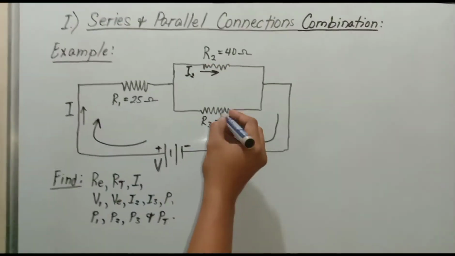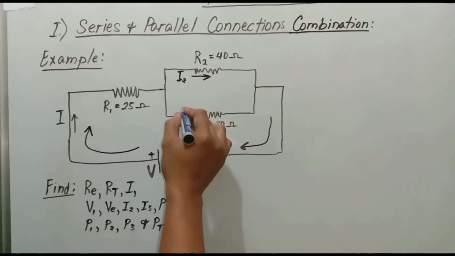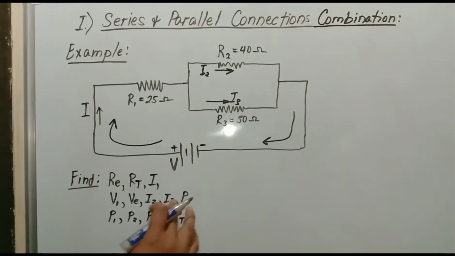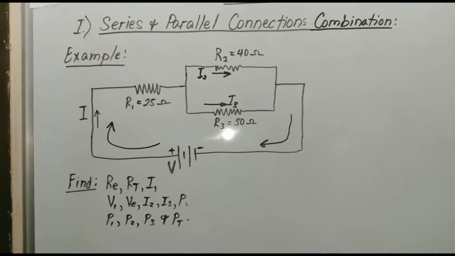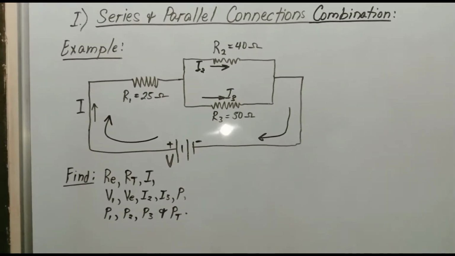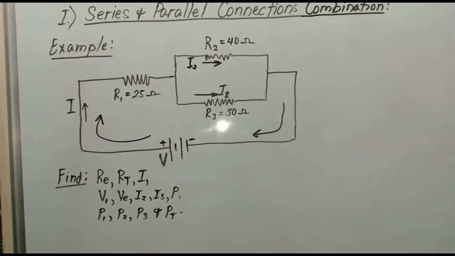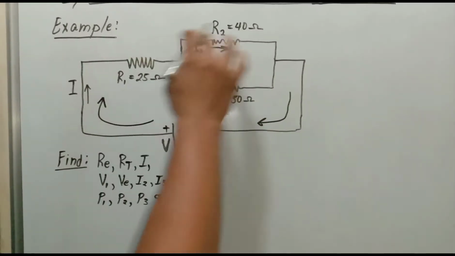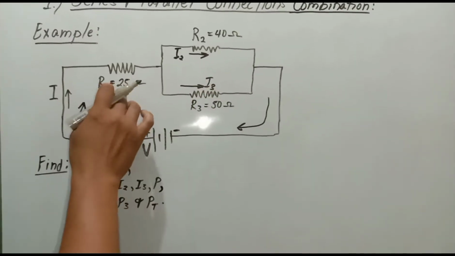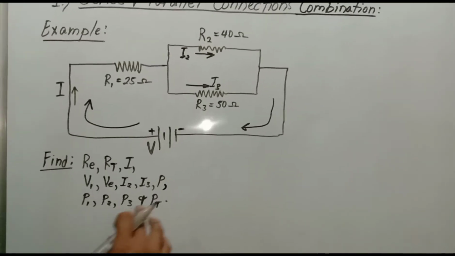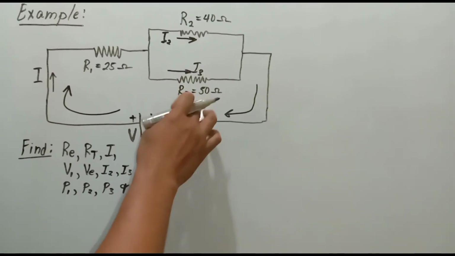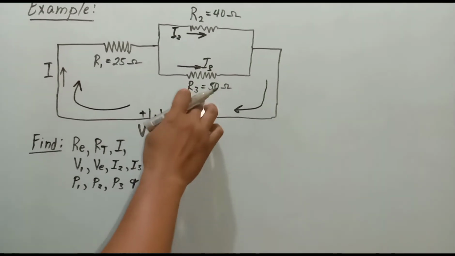I2. And also the current flowing across this resistor, I3. And the power delivered to this circuit, and the power dissipated across resistor R1, P1, and the power dissipated across R2, and also for R3, we need to find P3.